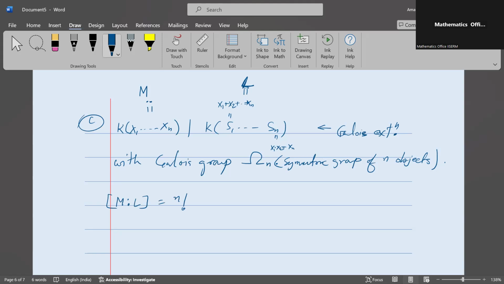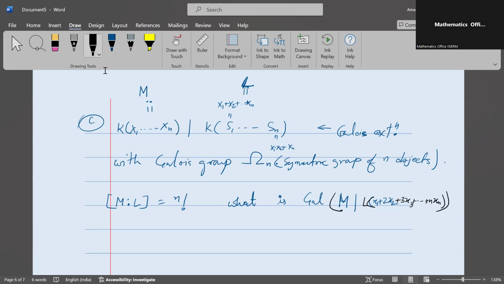And what is the Galois group of M over L(x1 plus 2x2 plus 3x3 plus ... plus nxn)?